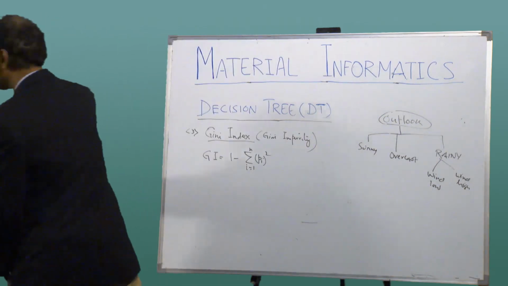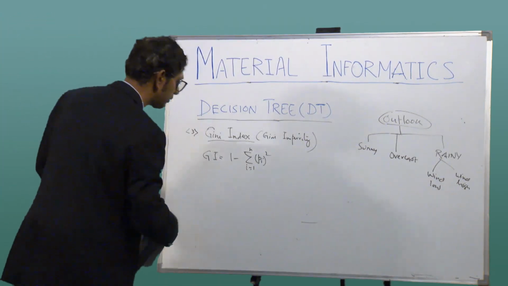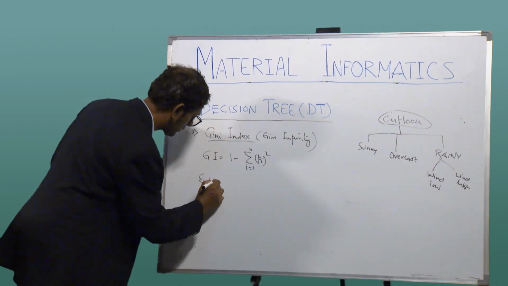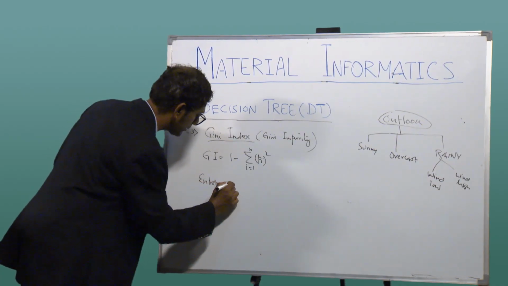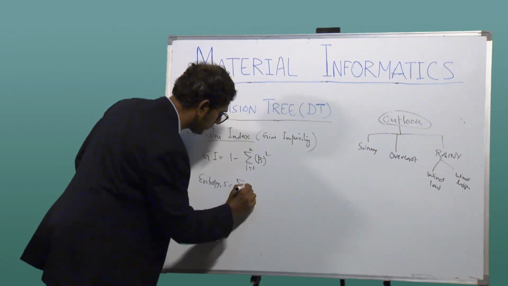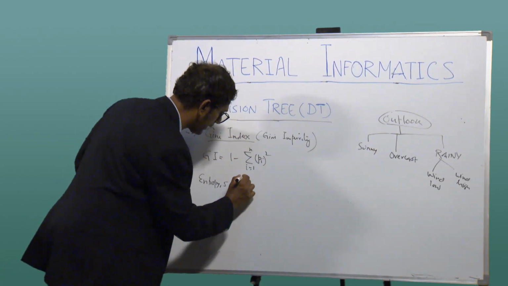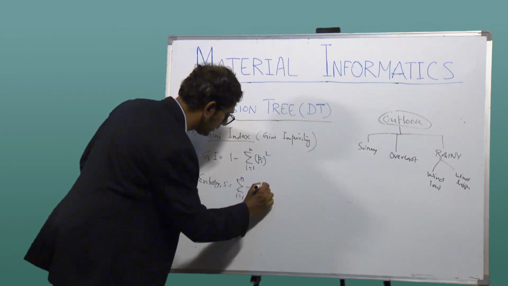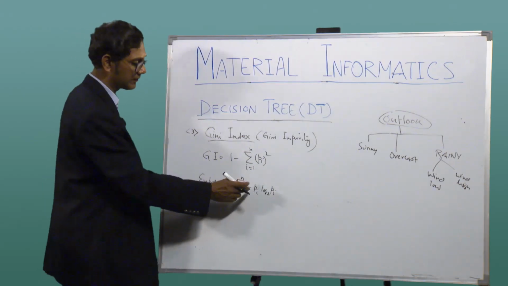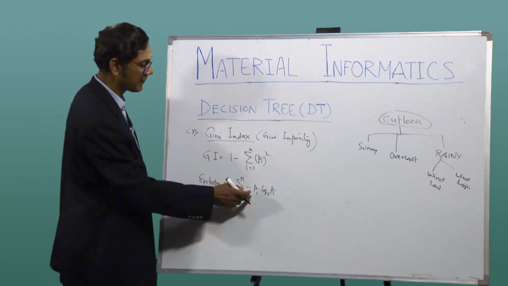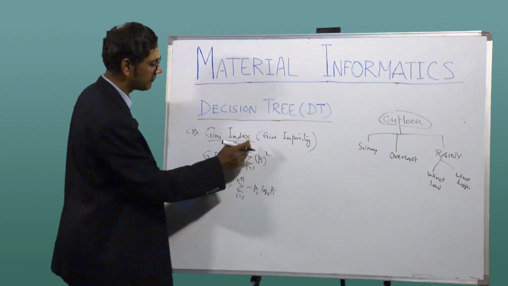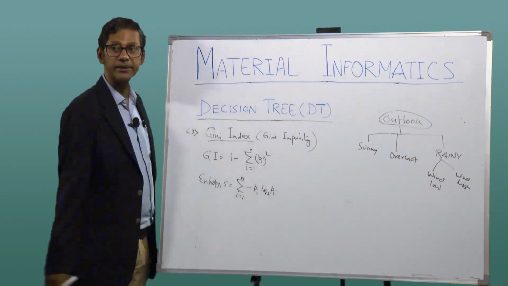Entropy of S is nothing but the sum over i from 1 to n of minus pi log base 2 of pi. So, this pi is nothing but the partition of data. Here we are not using a log, but we are basically summing over pi square.